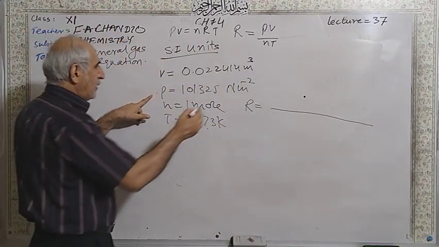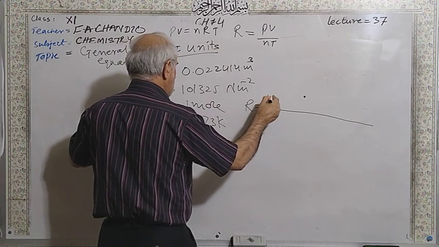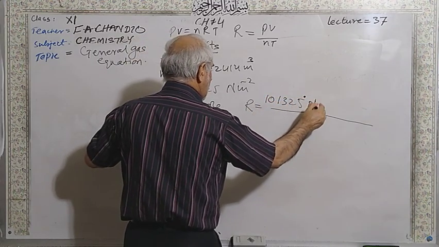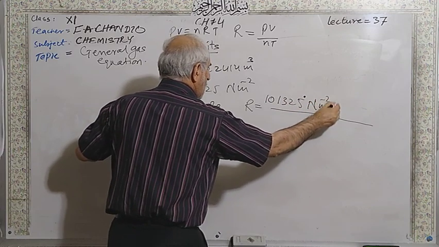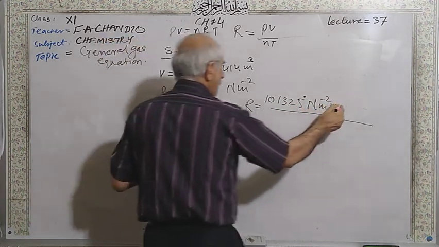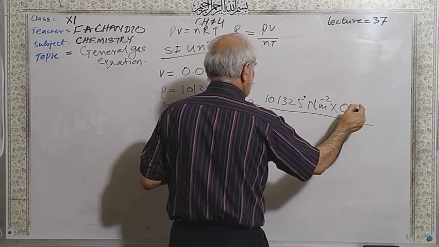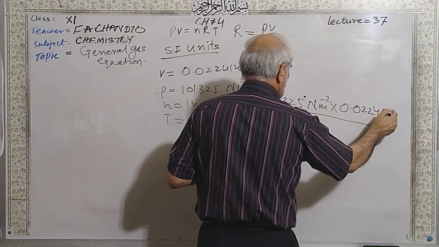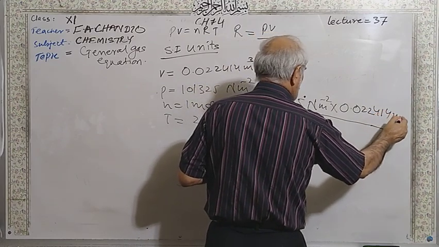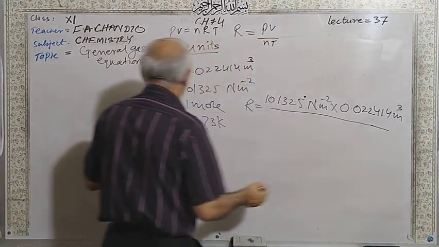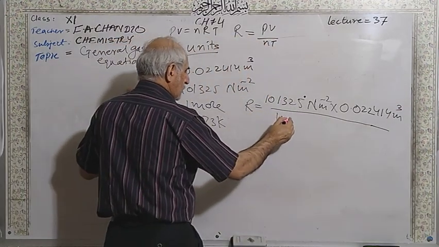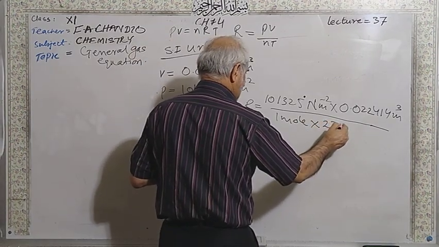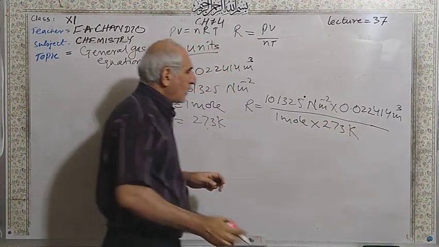So pressure 101,325 newtons per meter square, multiplied by volume 0.022414 meter cube, divided by 1 mole, multiplied by 273 Kelvin.